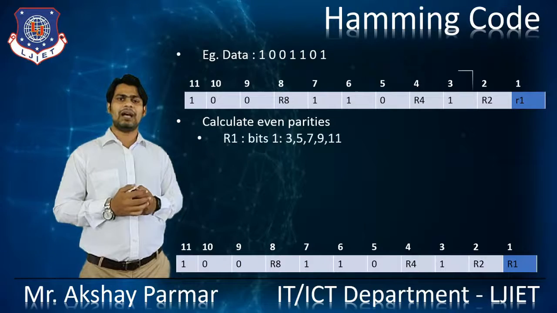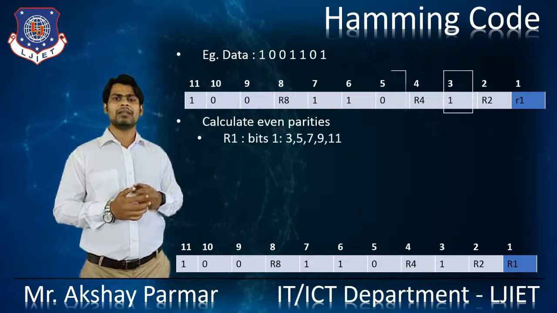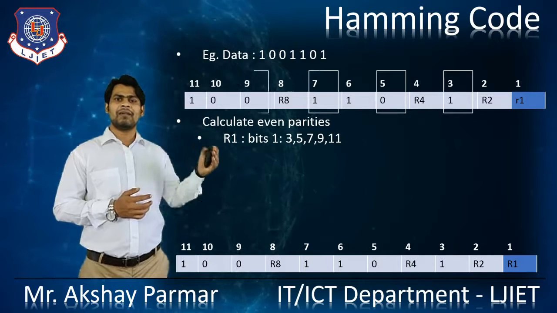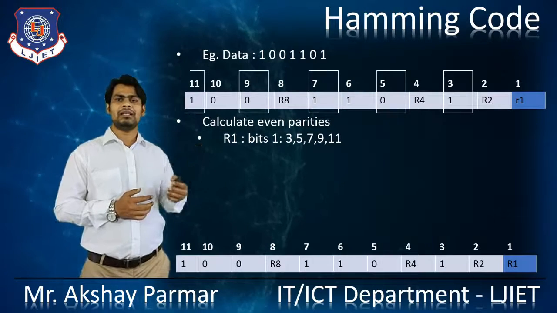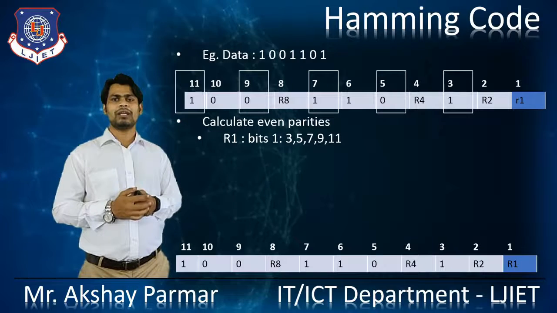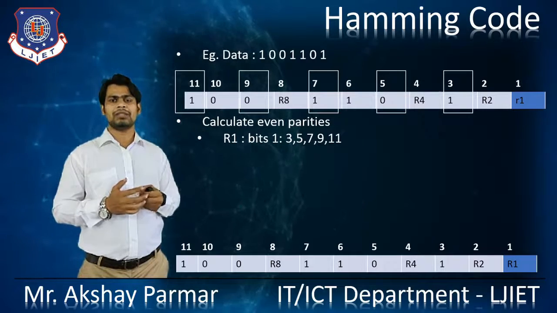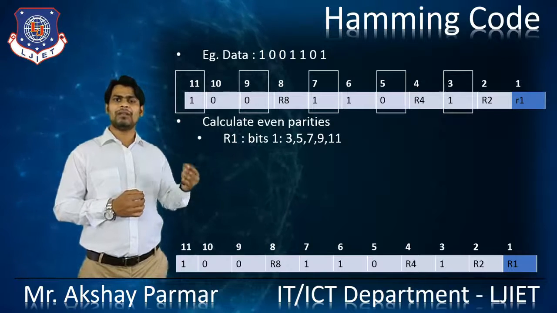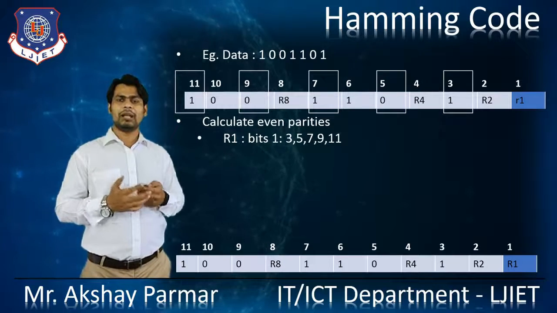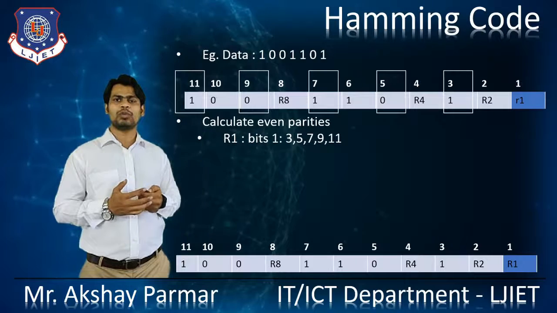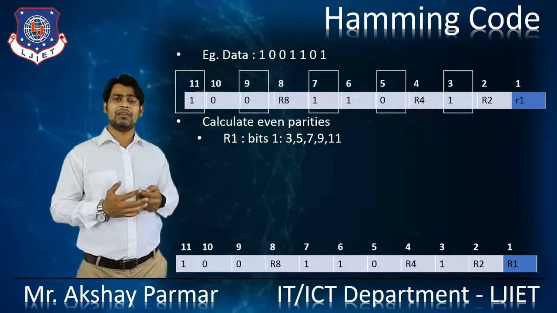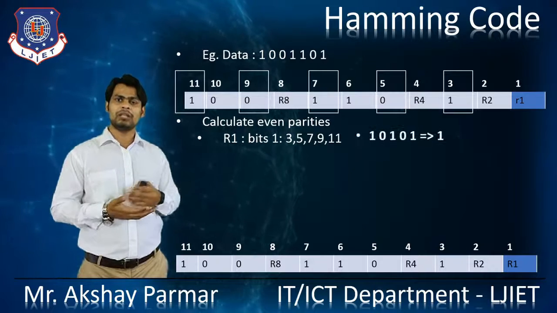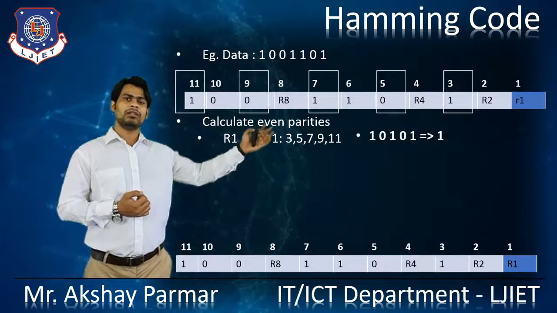For R1, we take the data bits at positions 3, 5, 7, 9 and 11. The values stored at positions 11, 9, 7, 5 and 3 are 1, 0, 1, 0 and 1.